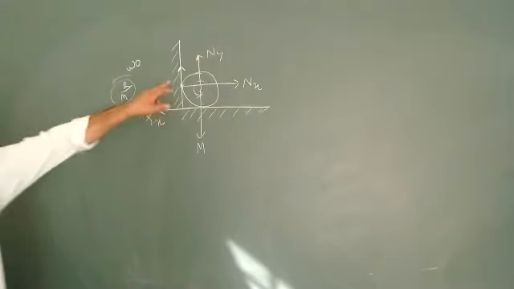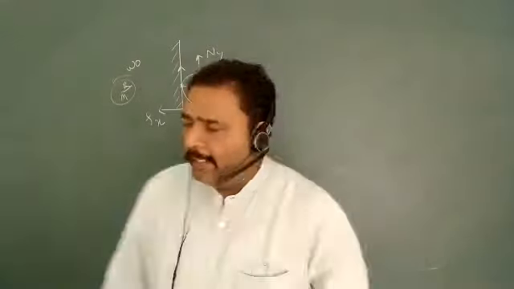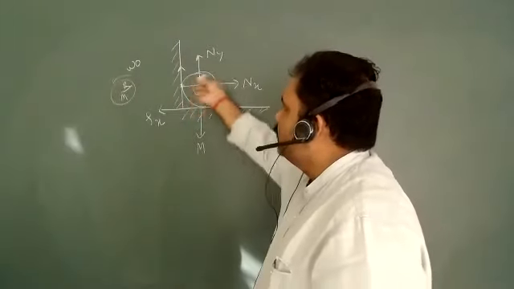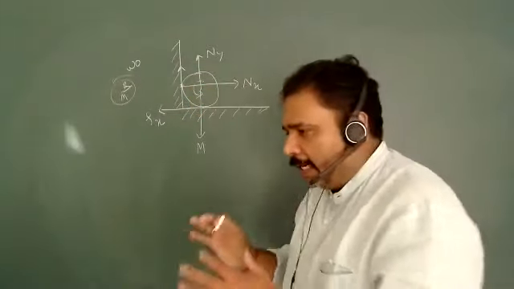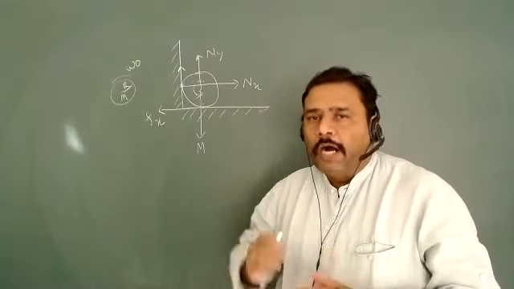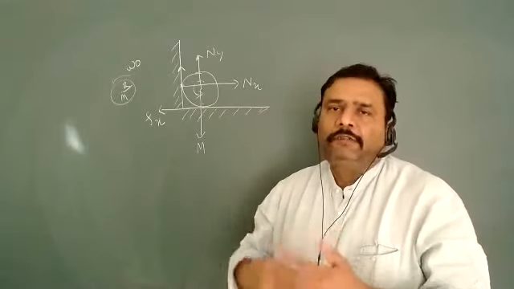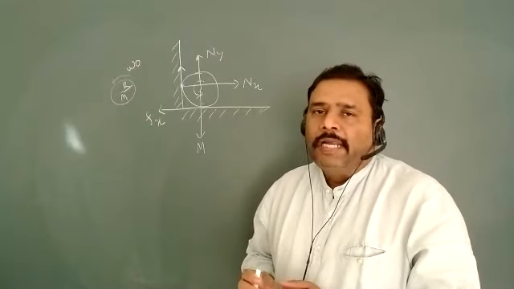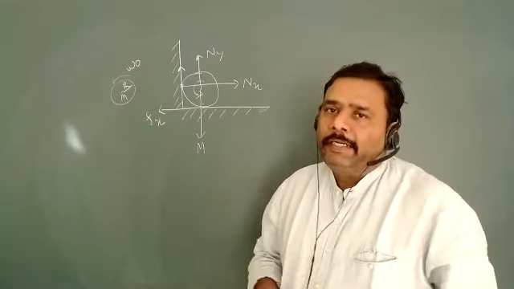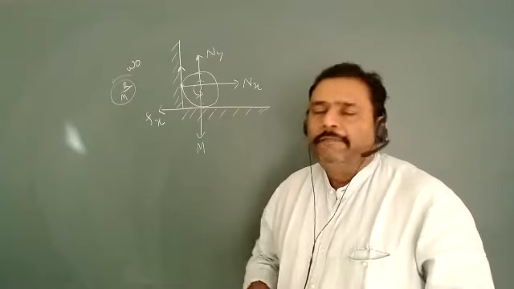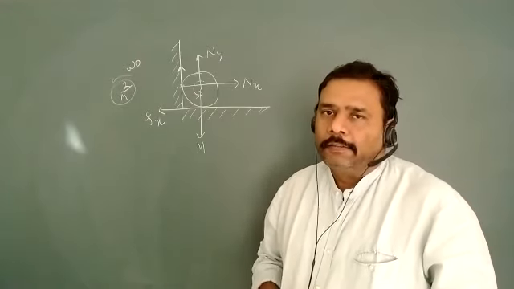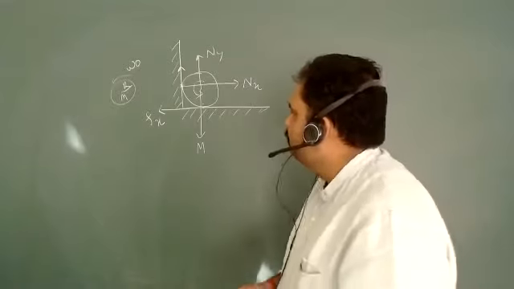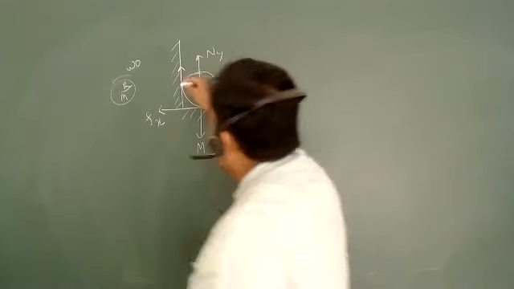So if somehow I can calculate the angular acceleration alpha, then I can calculate how much angle theta it is going to rotate. Once I get theta, I divide it by 2 pi and I get the number of turns. Yes, this is the situation, and this will be Fy.